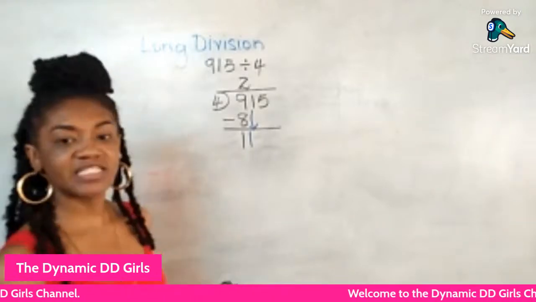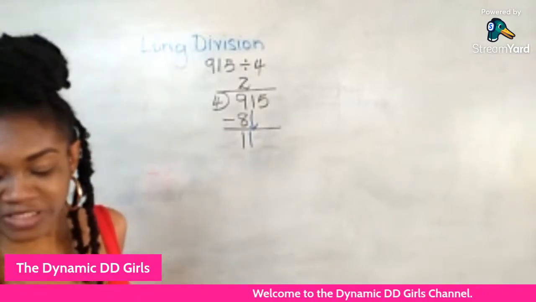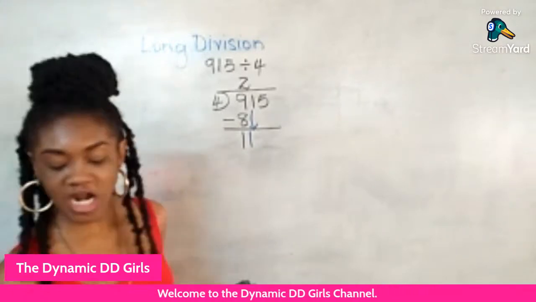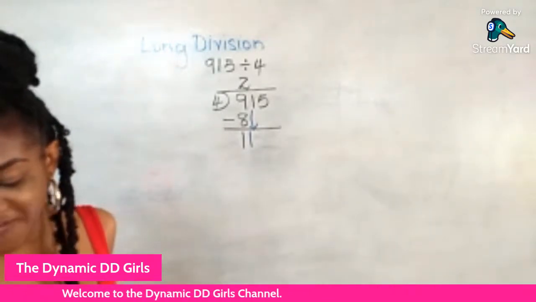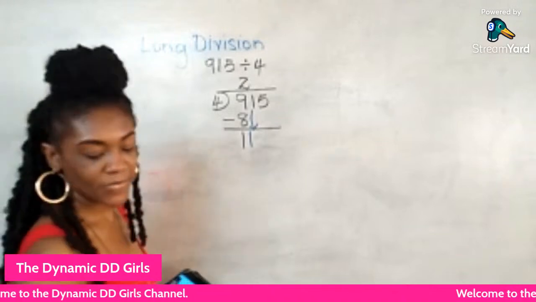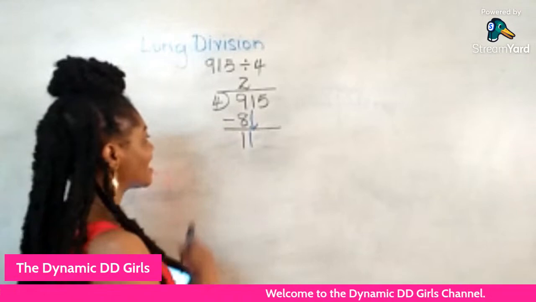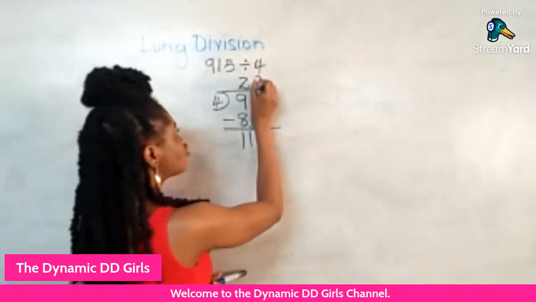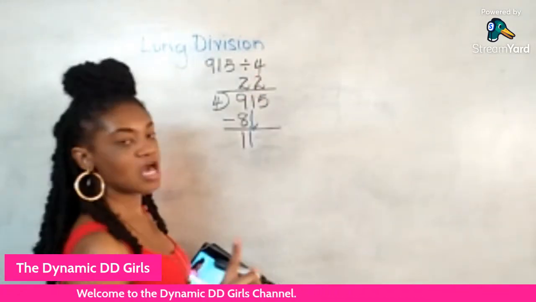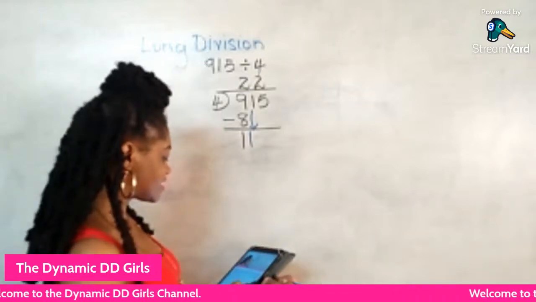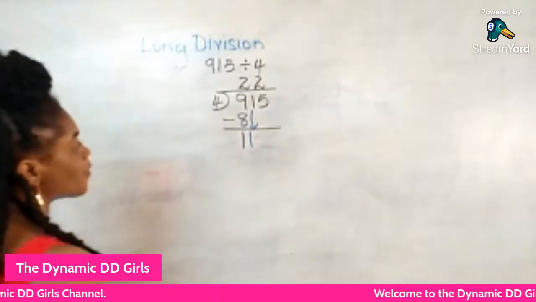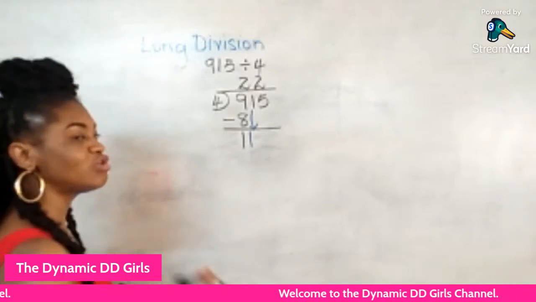Ask yourself, how many groups of 4s can you get from 11? We can only get 2 groups of 4s. We just divide.